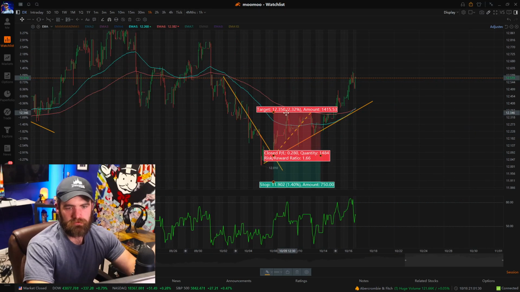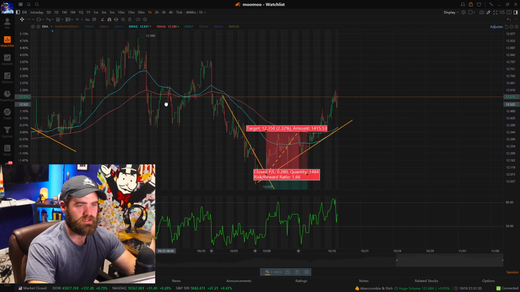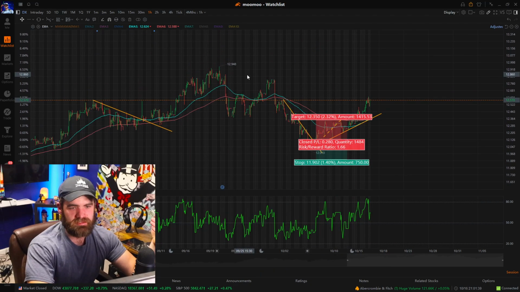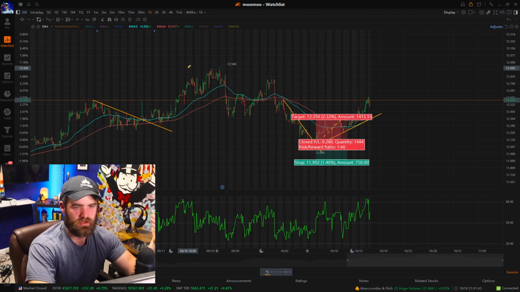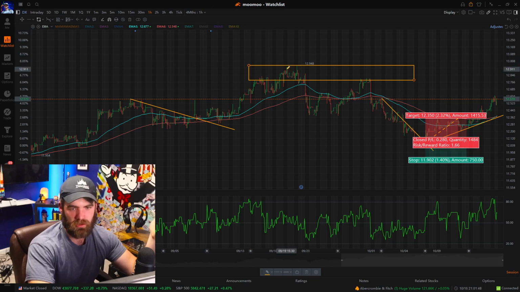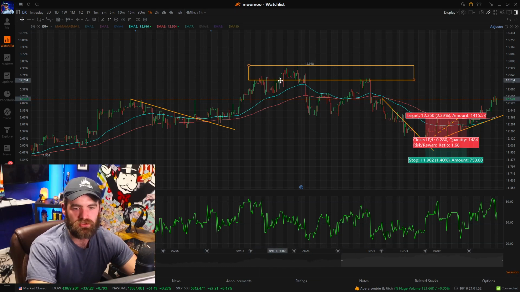So now here, we want to understand our target. Our target often is going to be nearby resistance. So nearby resistance, I would classify it all the way up here. We can actually draw it out where the stock has natural tendencies of getting selling pressure, right? It hits it several times, establishing good selling pressure in that zone.